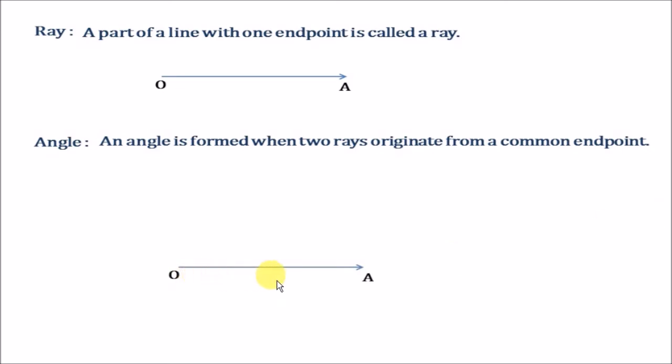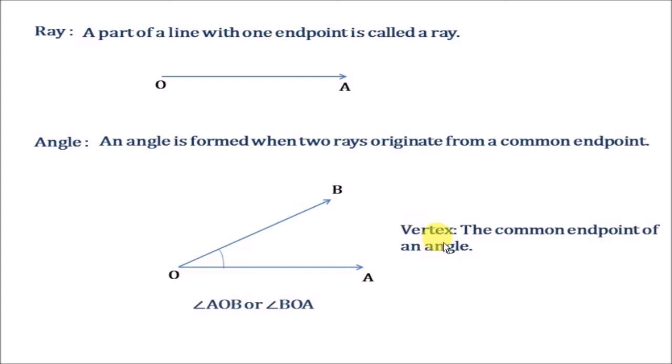Let us assume OA to be the first ray and OB to be the second ray originating from the same, or common, endpoint O. So here we have an angle where OA and OB are the arms of the angle. We can name this angle as angle AOB or angle BOA, where O is the vertex of the angle. Vertex can be defined as the common endpoint of an angle.